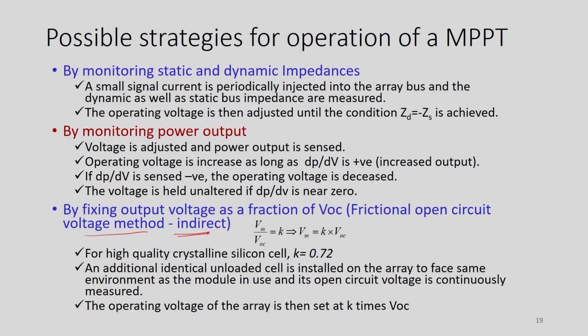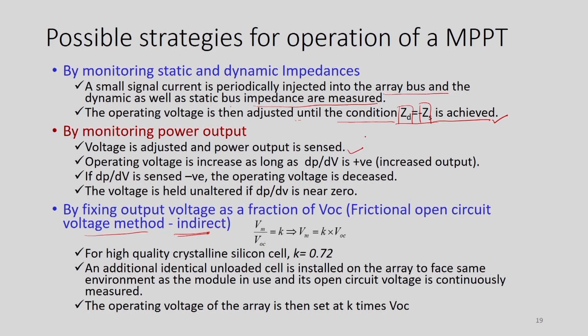In the first case, a small signal current is periodically injected into the array bus, and the dynamic as well as static bus impedance are measured. The operating voltage is then adjusted until the dynamic impedance and static impedance are equal but opposite in direction.